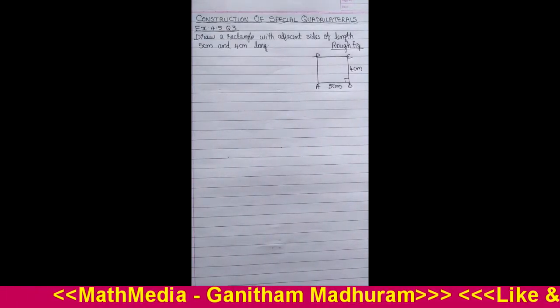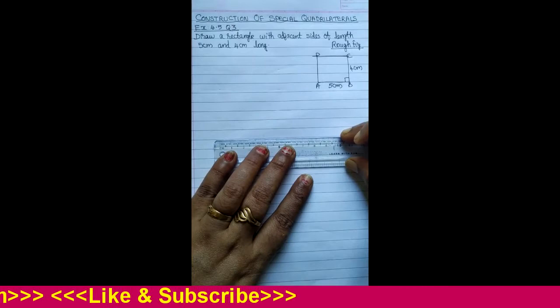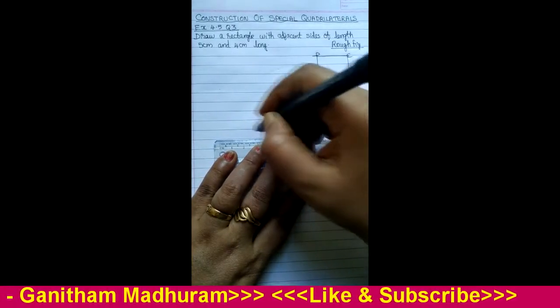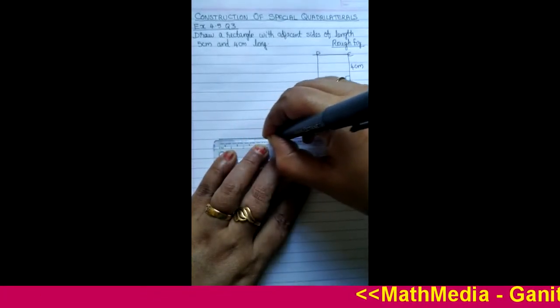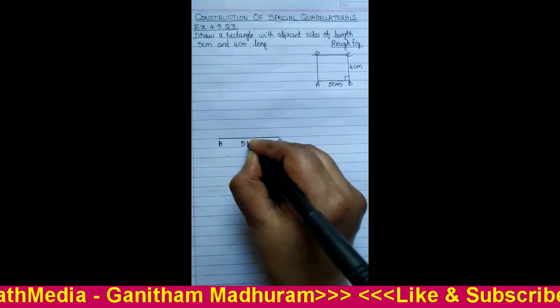So first of all we have to draw line segment AB of length 5 cm. So take the scale and mark it as AB 5 cm.